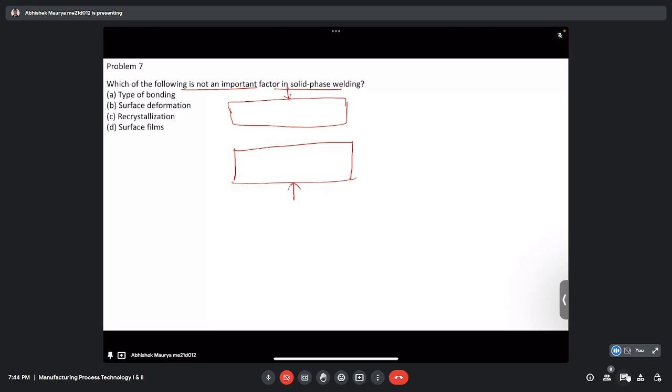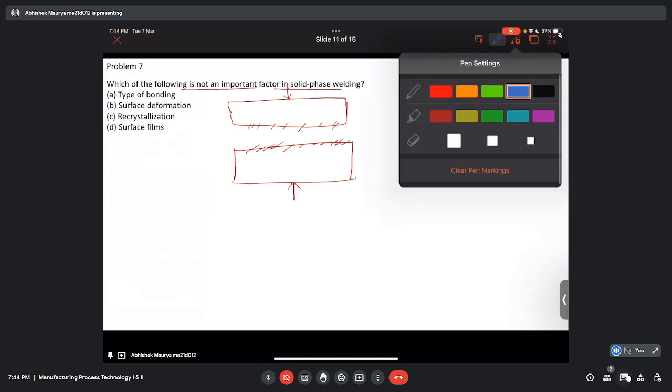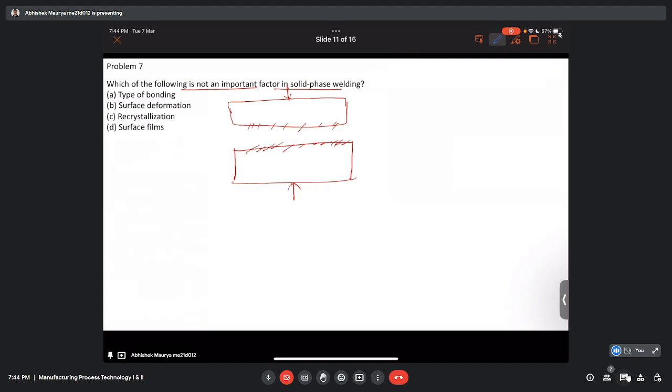So we want to join these two surfaces without melting them. If you see microscopically, do you think any material is perfectly flat or perfectly smooth? No, they are not perfectly flat nor perfectly smooth.